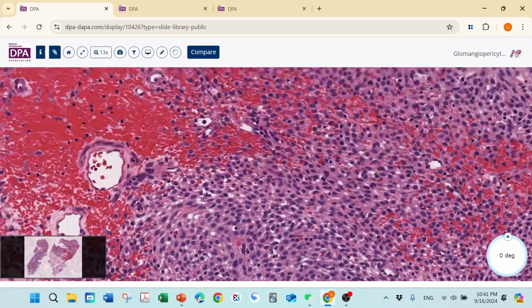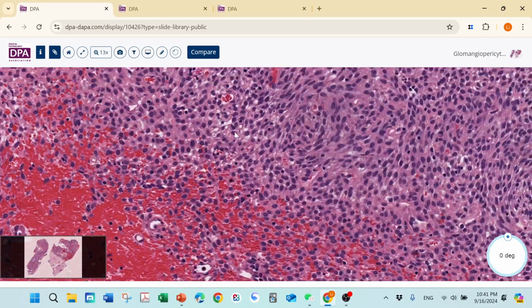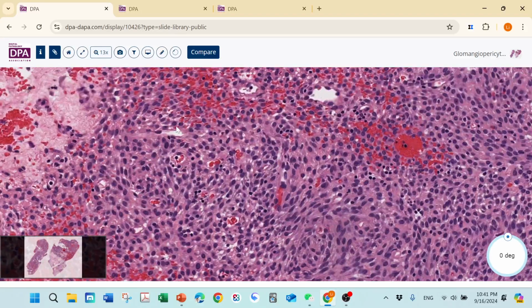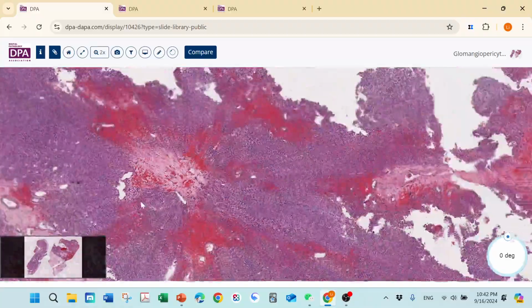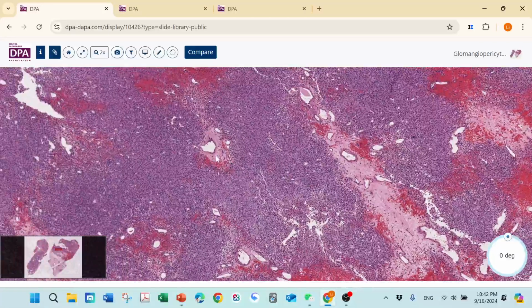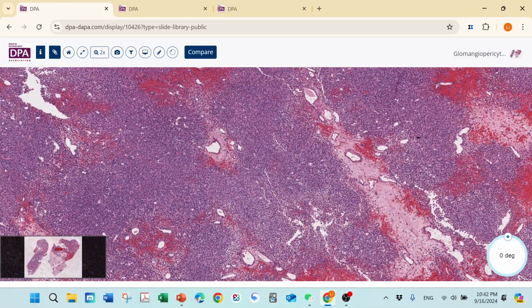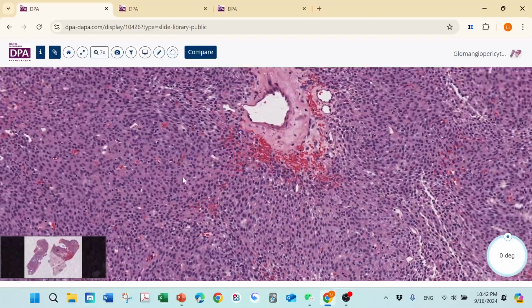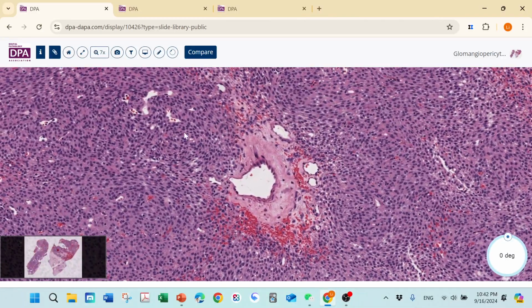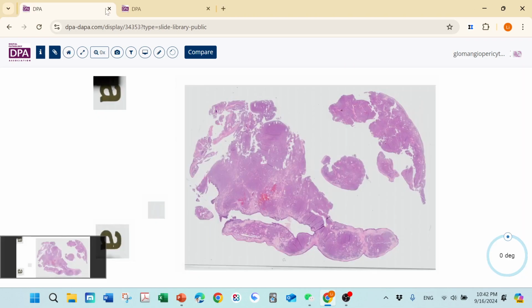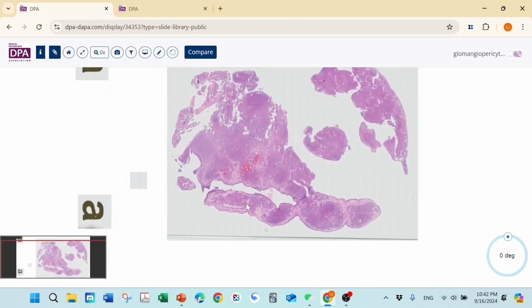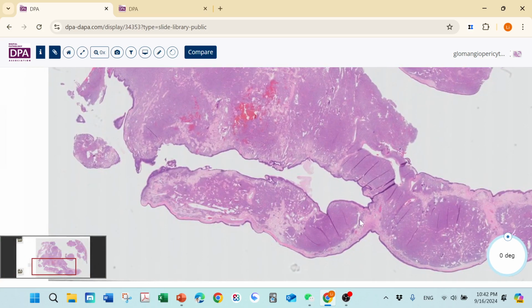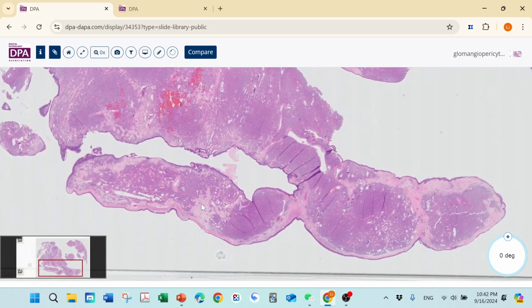Remember the characteristic immunostaining: SMA positive and beta-catenin positive. Another area, also the same, hyaline blood vessel hugged by this monotonous cell. Sometimes the cell can form this whirling structure. Another one, even at this power, we can see tons of blood vessels.